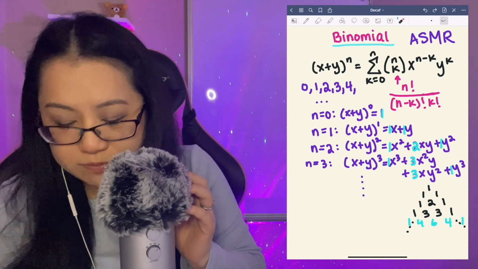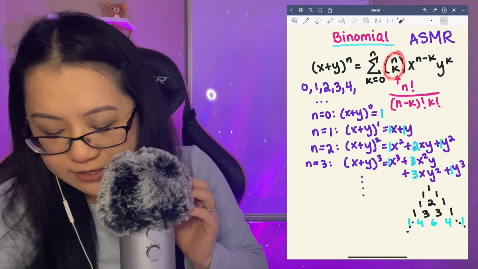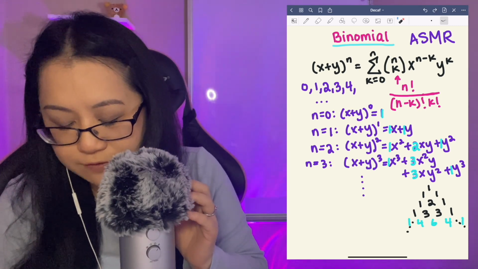And then you can go term by term there. So the n choose k is actually right here. That's the coefficient. So that's the pattern for the numbers in front.